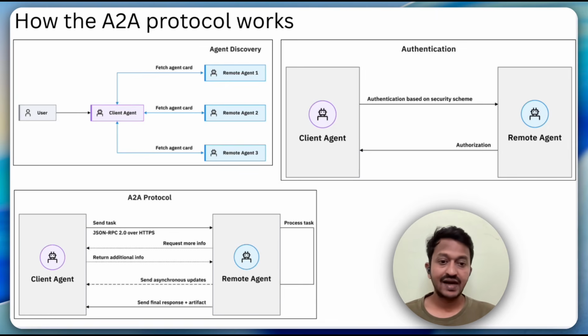The client agent talks to that remote agent through authentication, and then the A2A protocol happens over HTTPS for secure transport. That is where the sequence completes, and this is how the A2A protocol works. Let us see a simple tutorial to understand more about how the A2A protocol actually works.